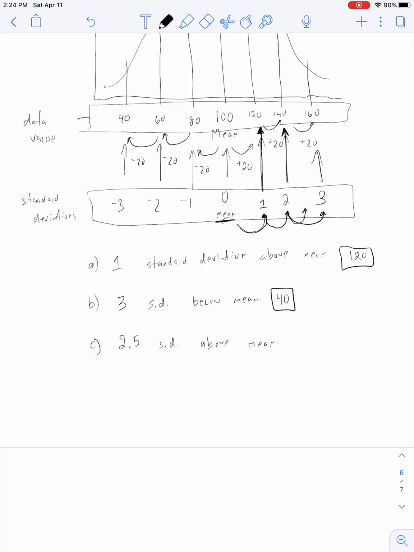If we look at 2, it has 140. We look at 3, it has 160. So we're looking for the middle. We can easily find that. All we would do is find the mean. Add those two, divide by 2. 140 plus 160, divide that by 2, should give us 150.